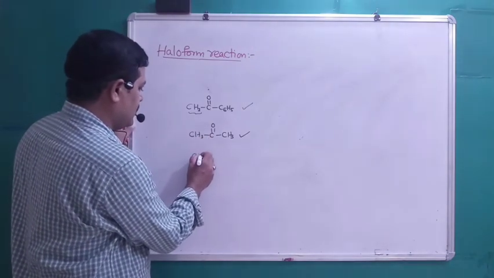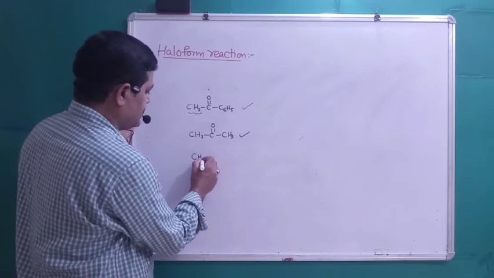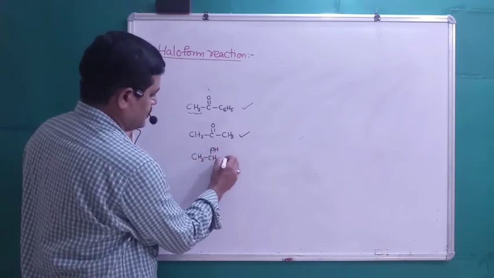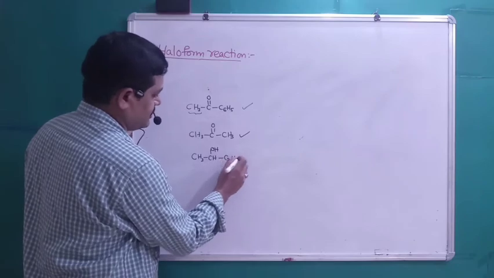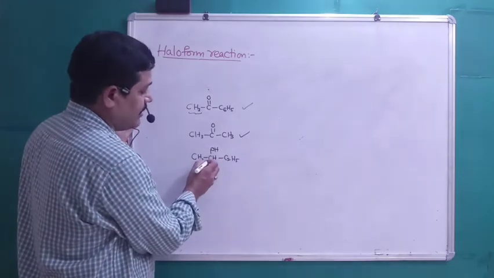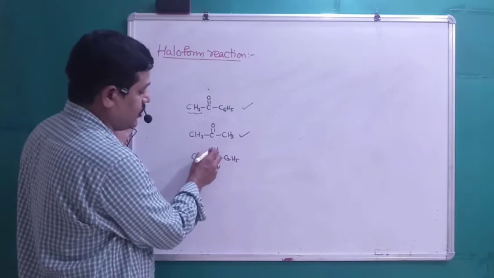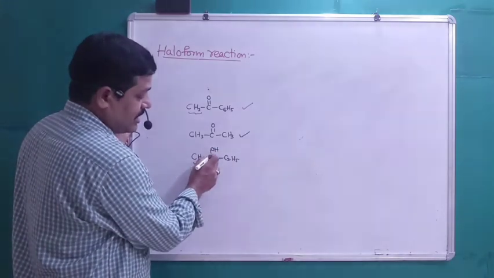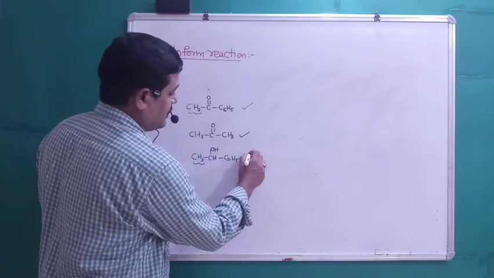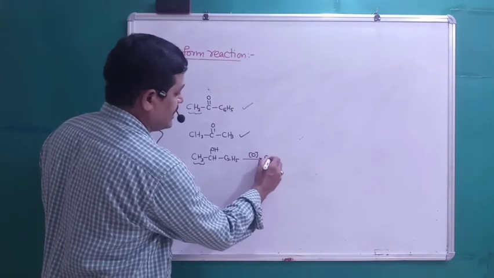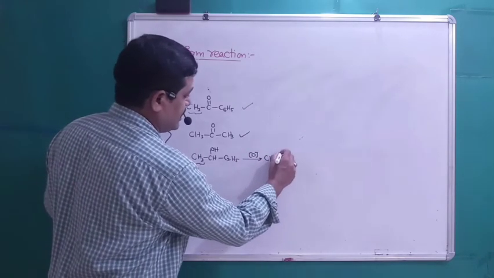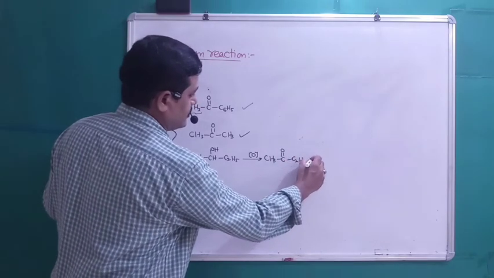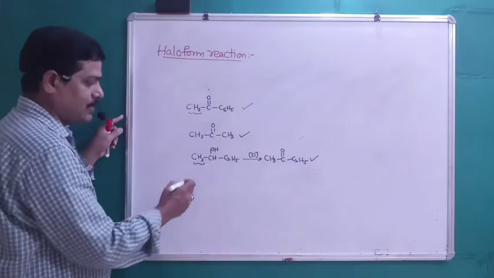If the alcohol is CH3-CHOH-C2H5, this is a secondary alcohol with a methyl on one side of the carbon bearing the OH. In the reaction mixture it is oxidized into the methyl ketone CH3-C=O-C2H5, so yes, it gives the haloform reaction.